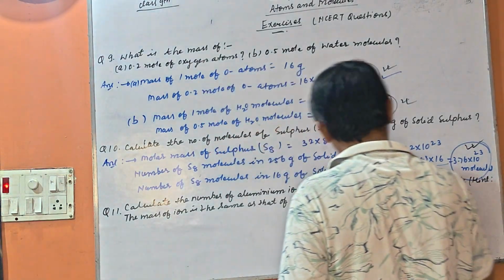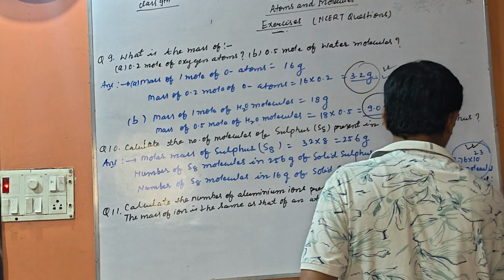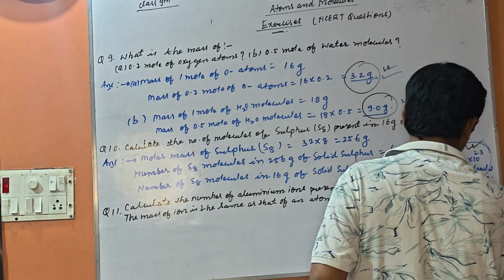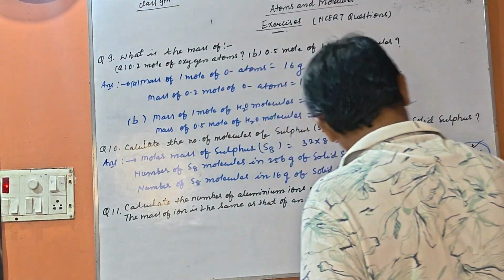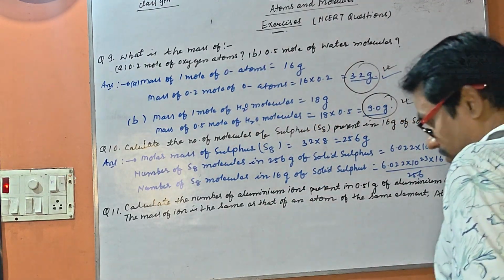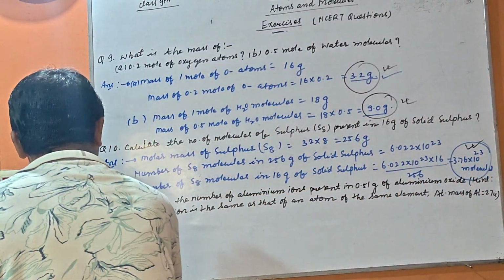That is, the atomic mass of Al is equal to 27. So the hint also comes in the question.